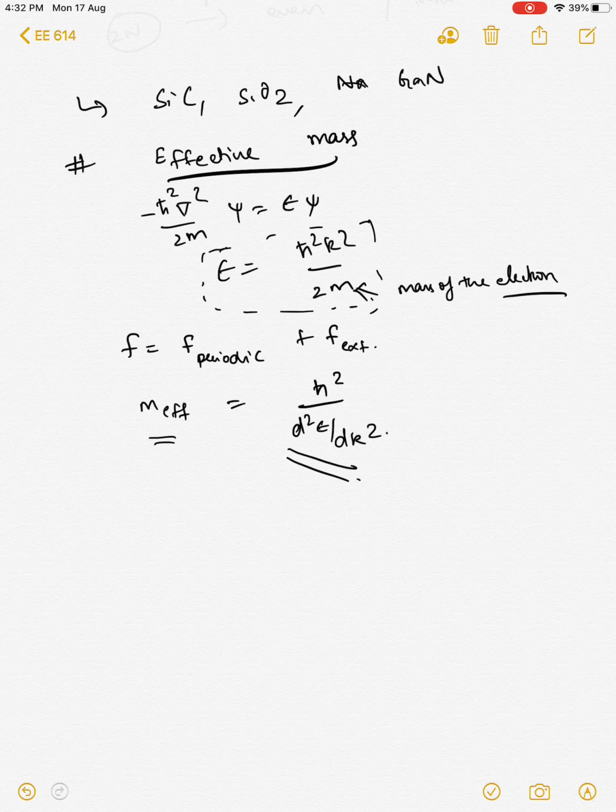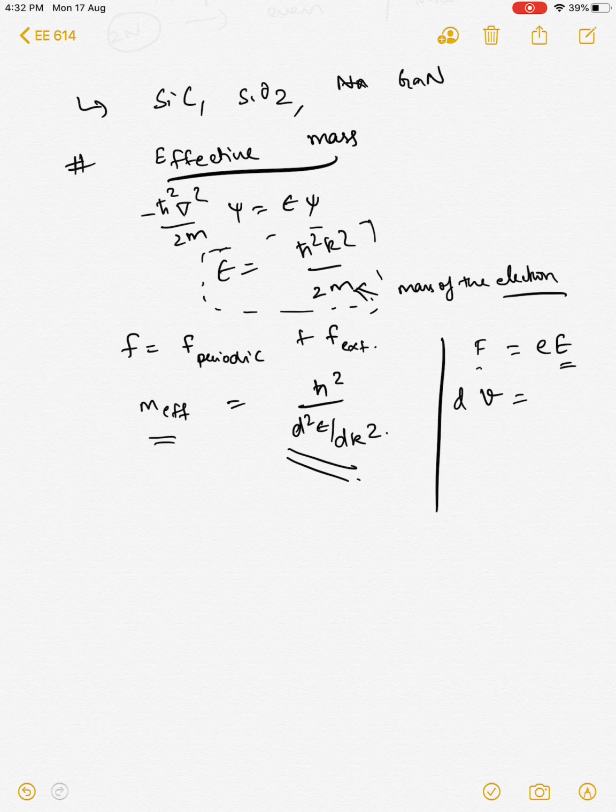And why is this very important? Because in any scenario, whatever force that I apply is E times e, where E is the electric field, right? If I apply an electric field, I know what is the force, and if I know the force, then I can guess the velocity, right?